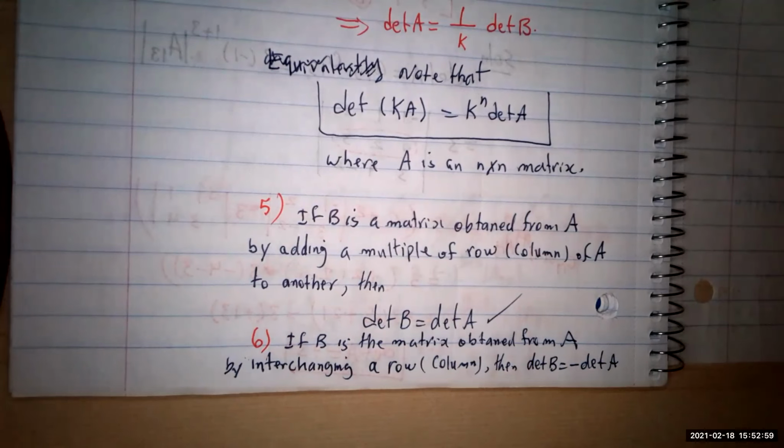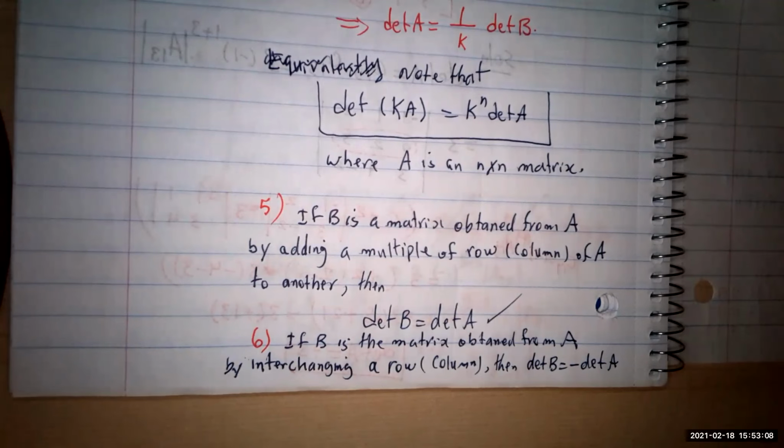So if you do it twice, negative 1 times negative 1 would be a positive 1. If you do it 3 times, that will give you negative 1 again. Be careful. Anytime you switch, you multiply the determinant by negative 1.